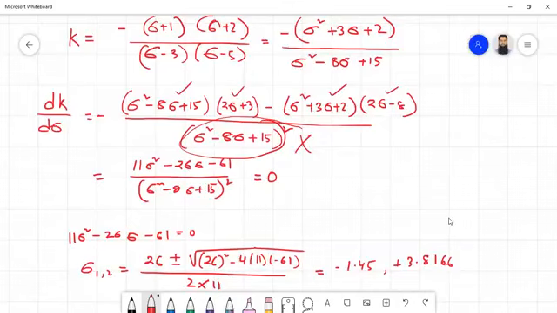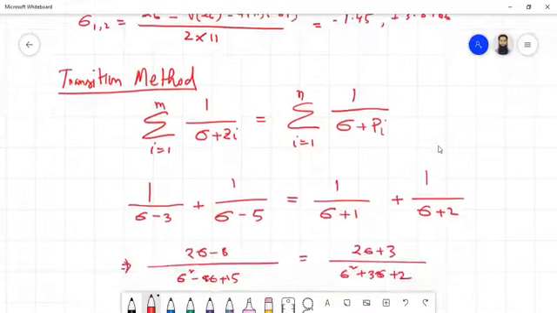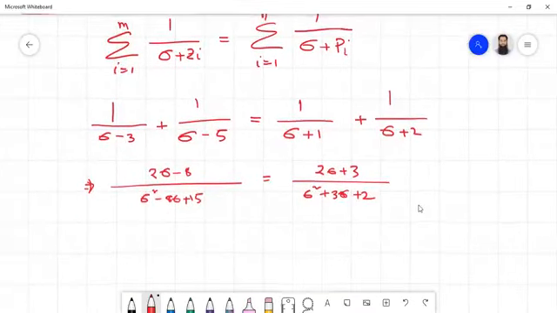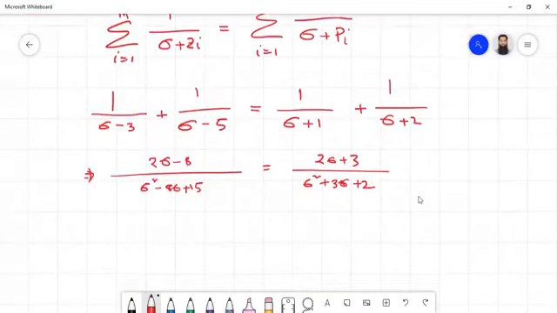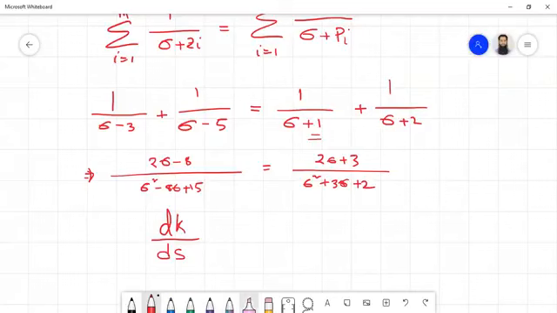So this is an alternative way. But in some cases, I have seen that this doesn't work well in case of complex poles and zeros, unless you actually take the complex conjugate as well. In that case, it is better to go for dK by d sigma, and then set it to 0.